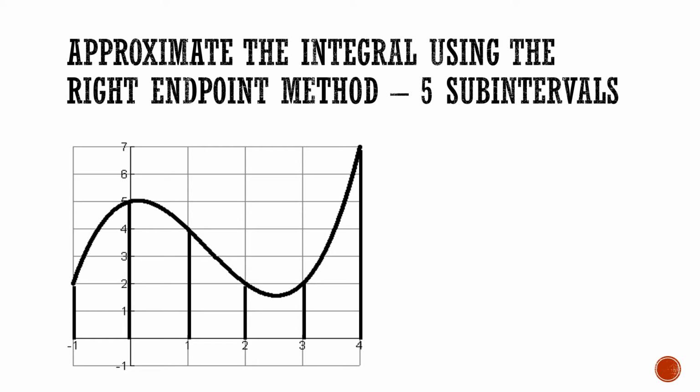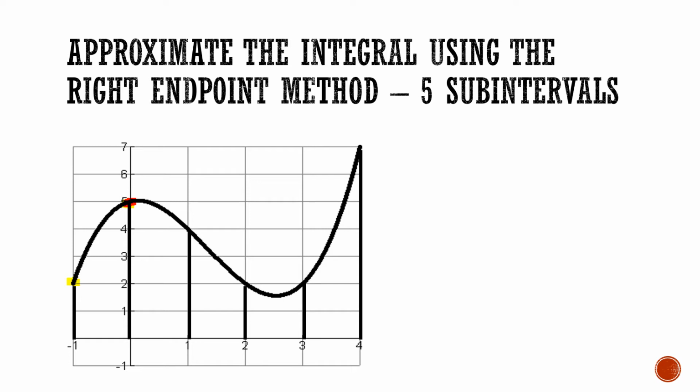All right, and as you can see, I have equally spaced intervals, and I have 1, 2, 3, 4, 5 of them. All right, now because I'm doing a right Riemann sum, if I look at this first interval, this interval is going from here to here. But because I want to do a right Riemann sum, I want to use specifically this one over here because this is the interval to the right.